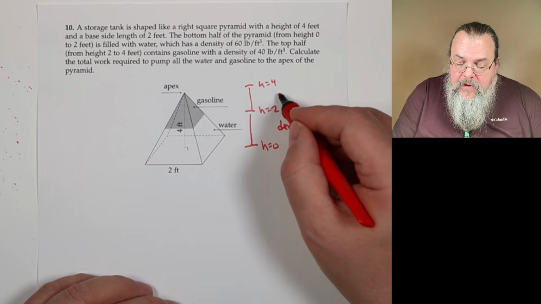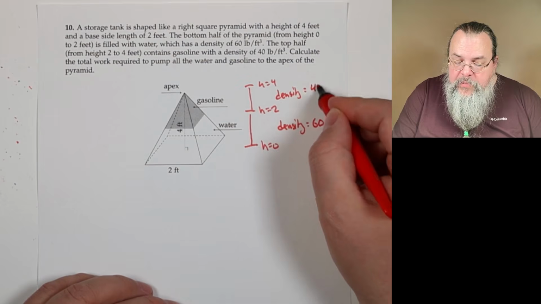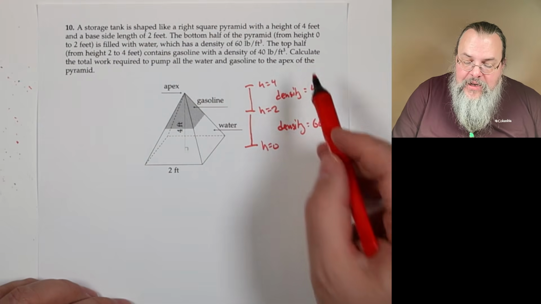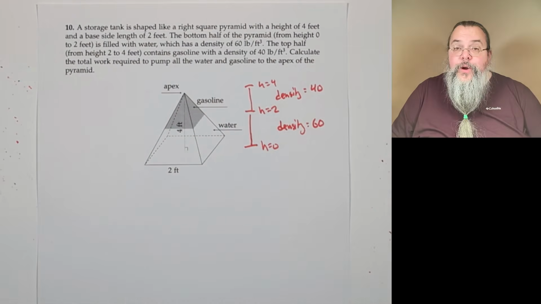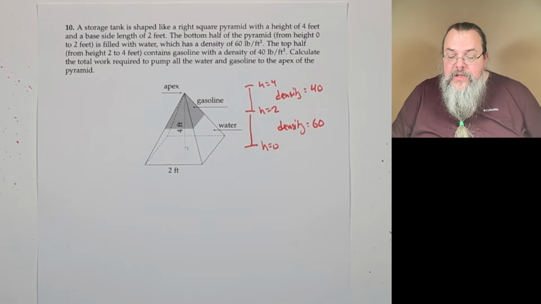The top half is gasoline, with a density of 40 pounds per cubic foot. And now the question: calculate the total work required to pump all the water and gasoline to the apex of the pyramid.